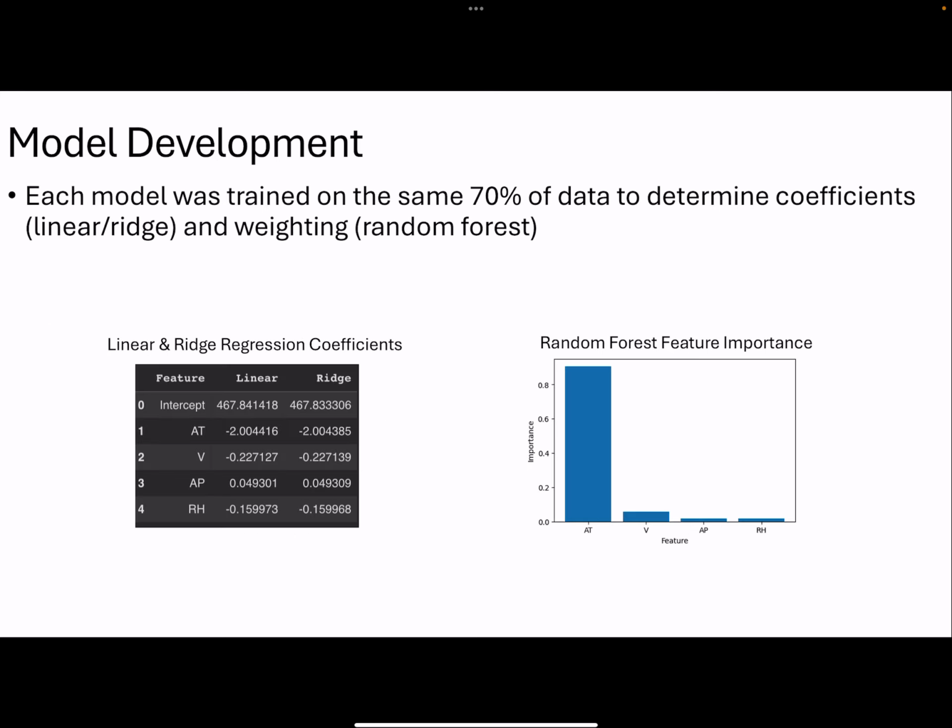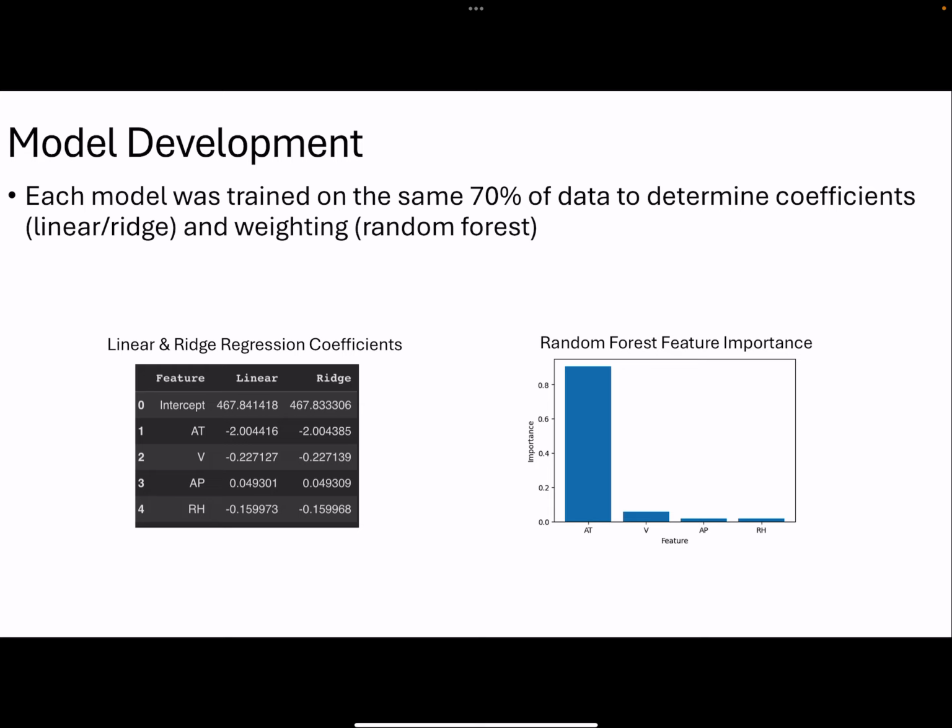So again, like I had said in the model development, each model was trained on that same 70% of data to determine the coefficients in the case of the linear and ridge regression models, or the weighting in the case of the random forest. So you can see on your left the output of the model for the coefficients for both the linear and ridge regression.